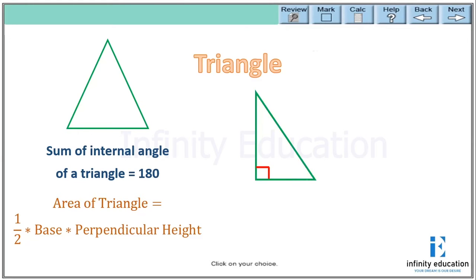If you are having a right angle triangle, if you see there is a square box, that means that particular angle is 90 degrees or a right angle.